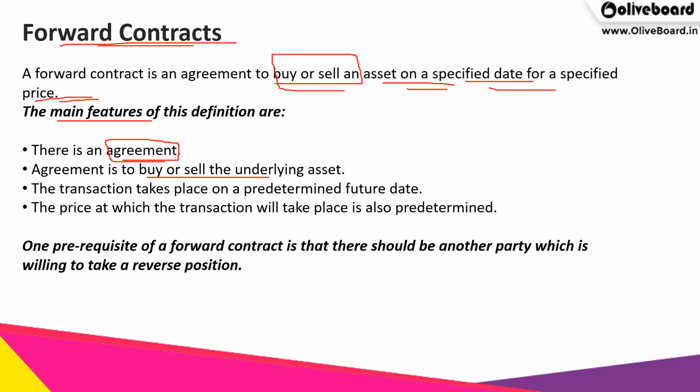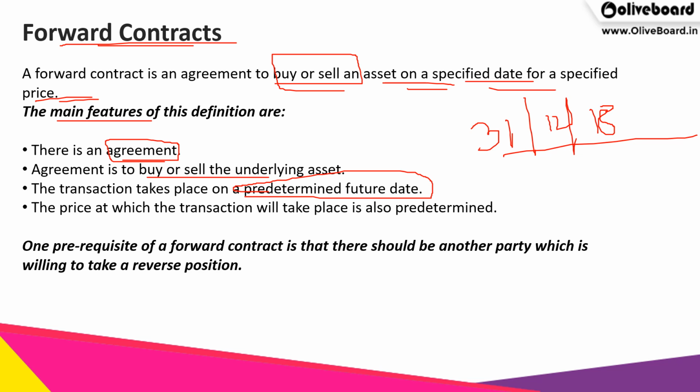The transaction takes place on a predetermined future date. So we decide the date now only, say 31st of December 2018, which becomes a predetermined future date, and the price at which the transaction will take place is also predetermined. So we say that we are going to buy or sell 10 kgs of cotton at 40 rupees per kg.